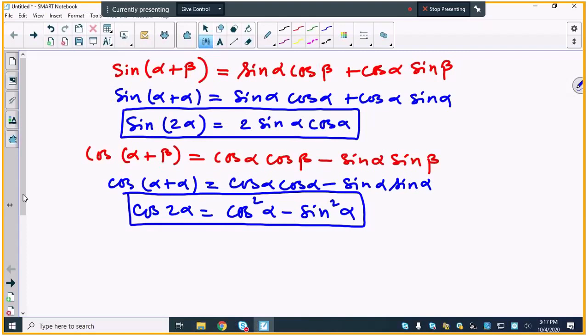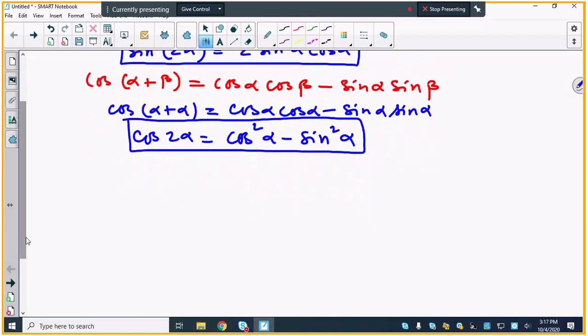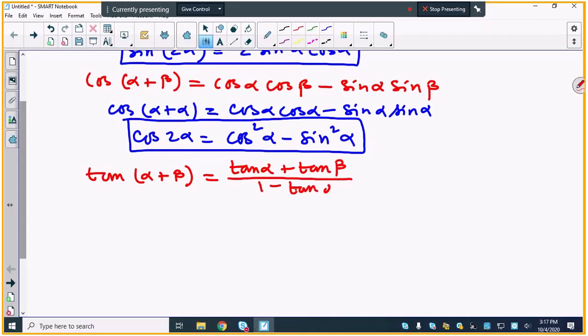So the obvious question is, how about the double angle formula for tangent? And I do the same thing. I say, well, tangent of alpha plus beta was the ratio tangent alpha plus tangent beta on the top, and the bottom was 1 minus tangent alpha tangent beta. So what we do now, we change alpha and beta and make them equal to each other.